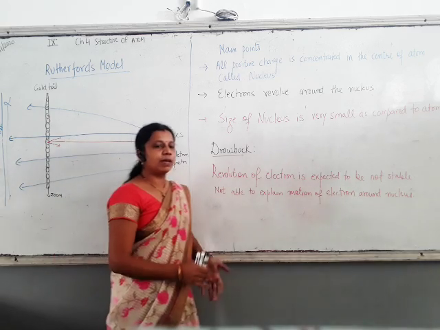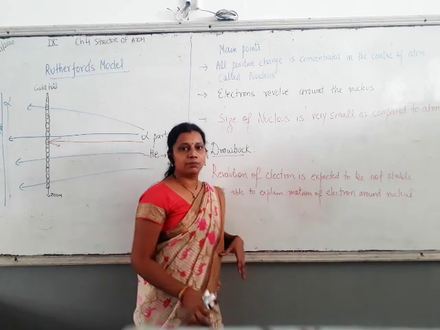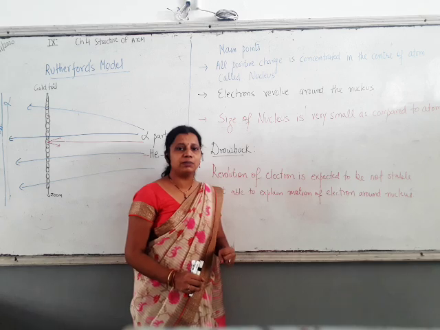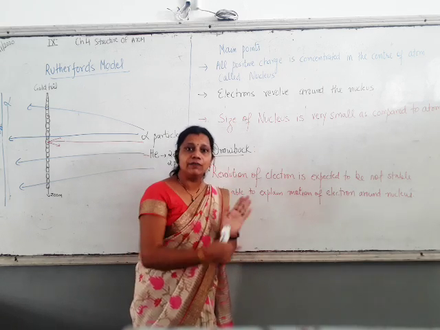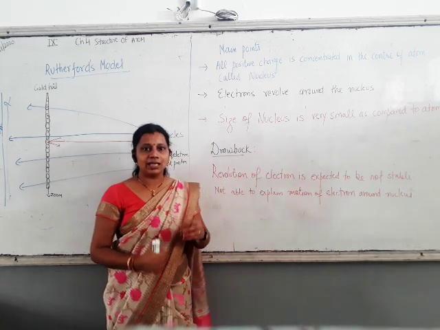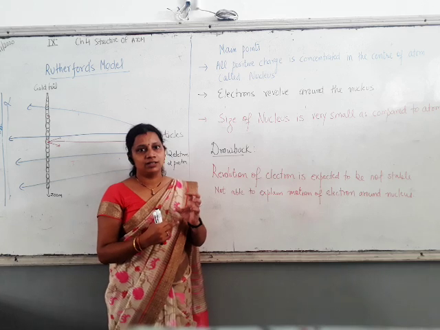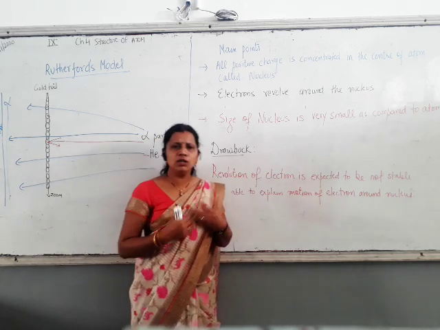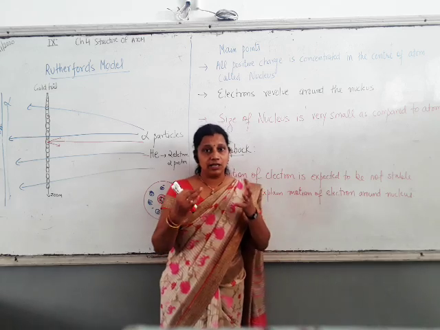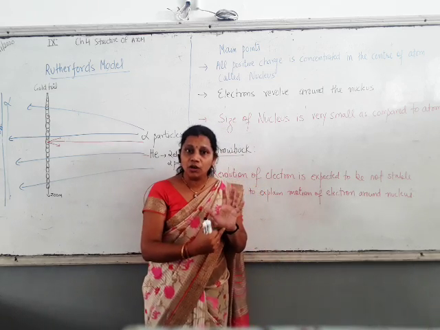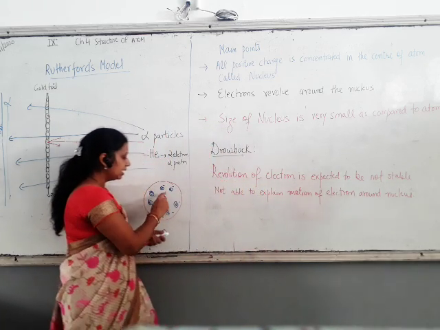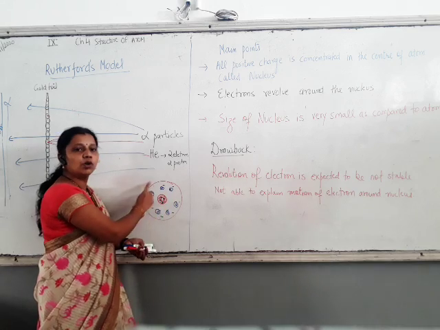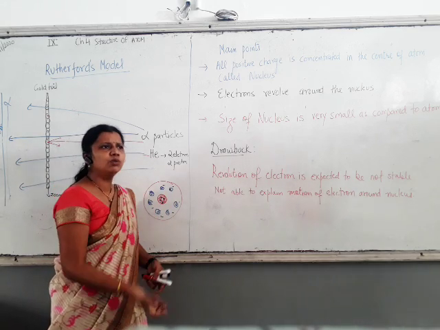Now, this was all good, but the main drawback of Rutherford's model is that he was not able to explain why electrons keep revolving. See, when things are in motion, that means they are accelerating, so after some time they will lose energy. So if electrons are continuously revolving around the nucleus, at some point they will lose energy.